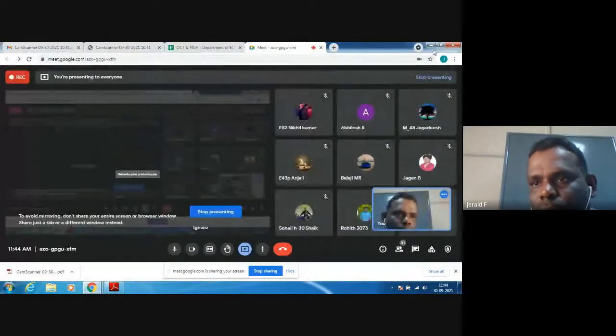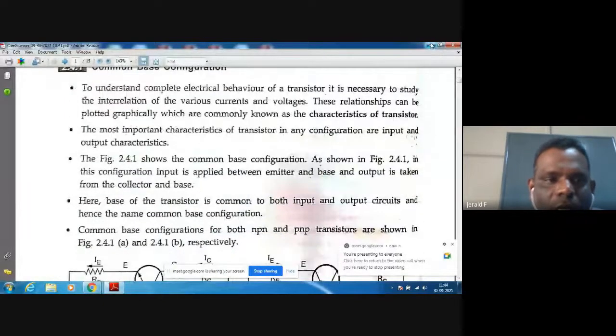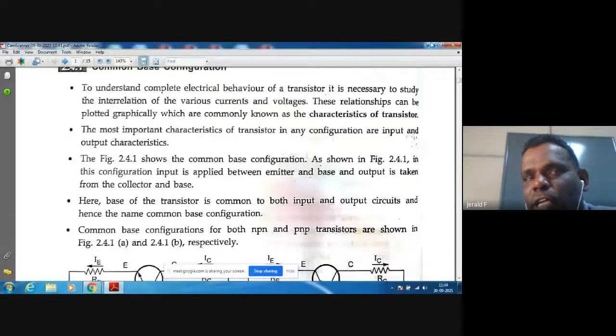Next, the most important characteristics of a configuration are the input and output characteristics. Whatever the configuration, common base, common emitter or common collector, the input and output characteristics are very important. You vary the input voltage, and the corresponding output voltage is noted.